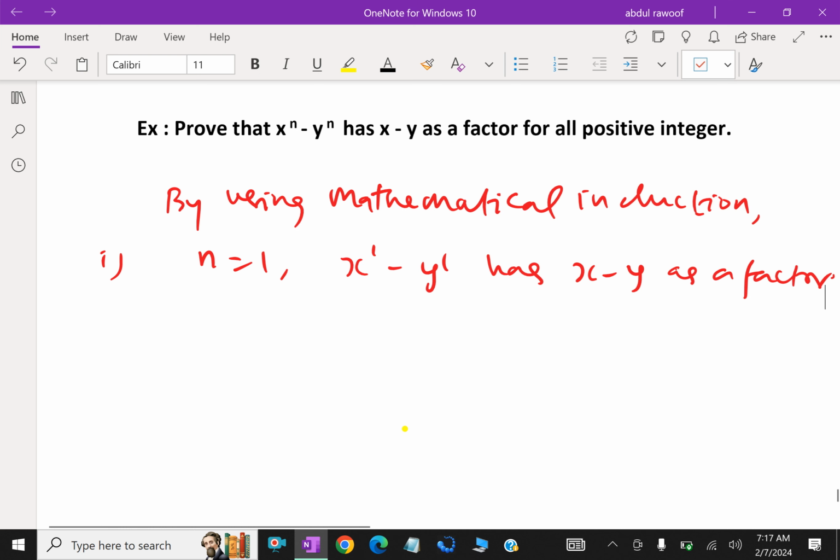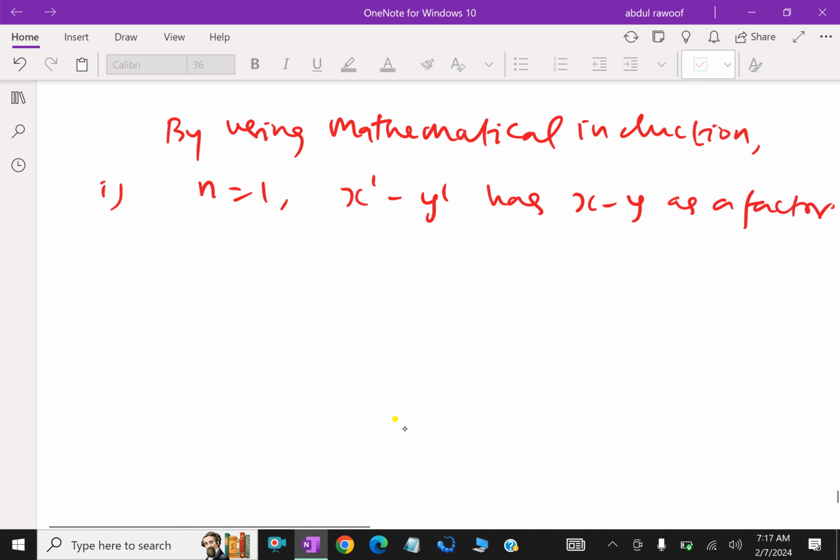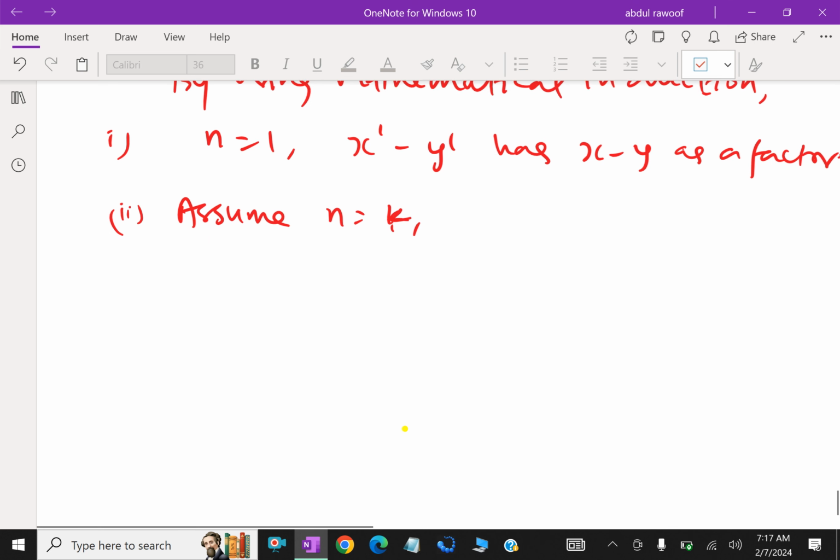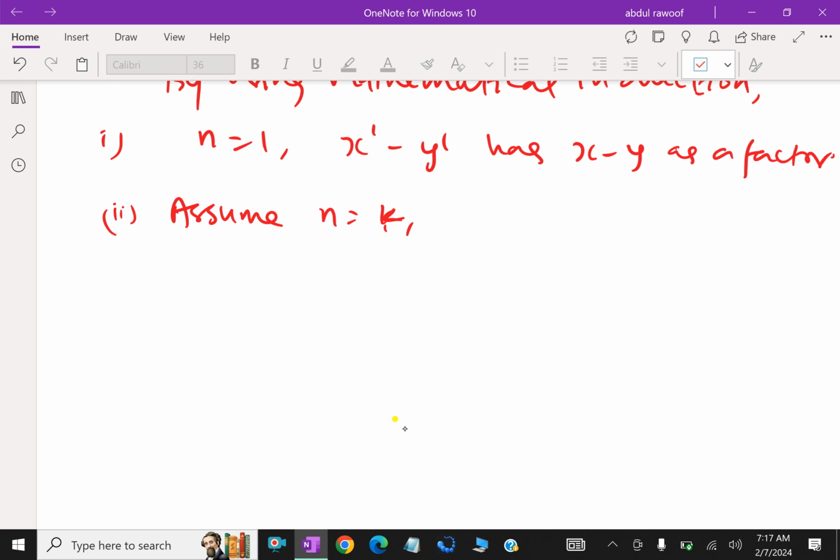Then assume n equal to k, that is true for k any positive integer. Then x power k minus y power k has x minus y as a factor.